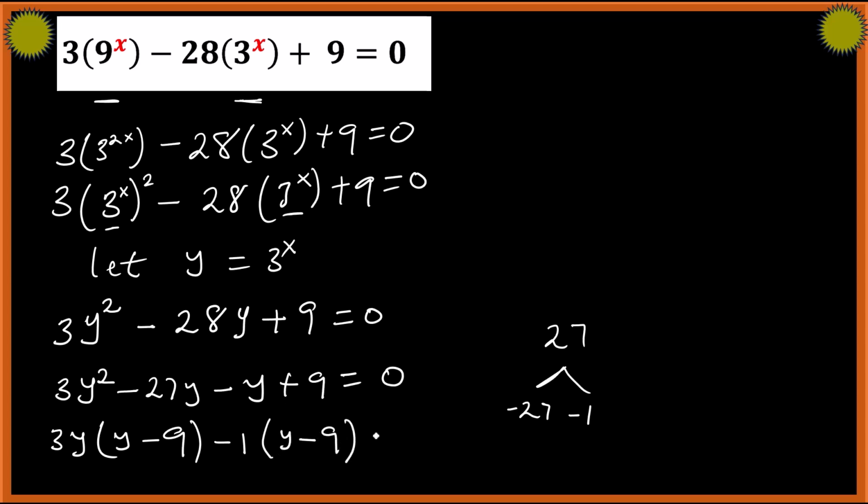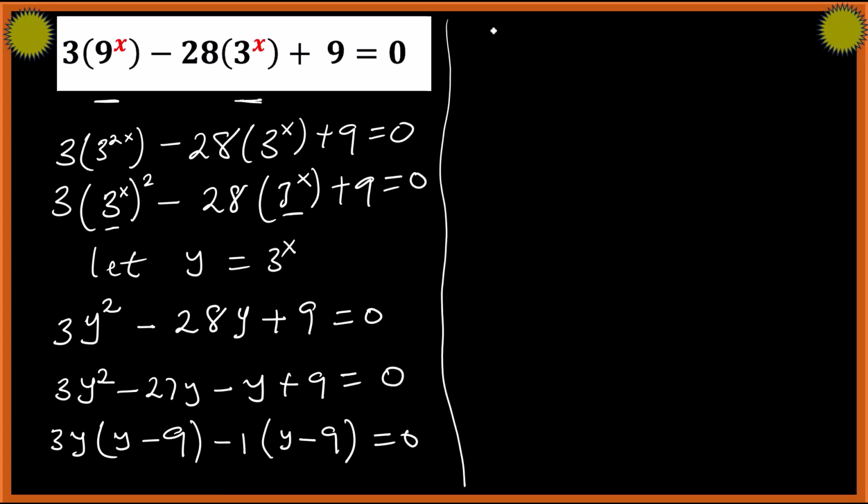Now going back, minus 1 times y is minus y. Minus 1 times minus 9 is plus 9. Okay, we have y minus 9 and 3y minus 1 equal to 0. So we have this and that, then we have what is inside the bracket.